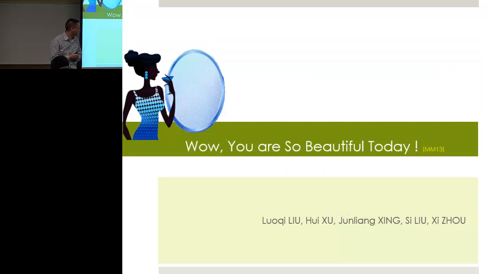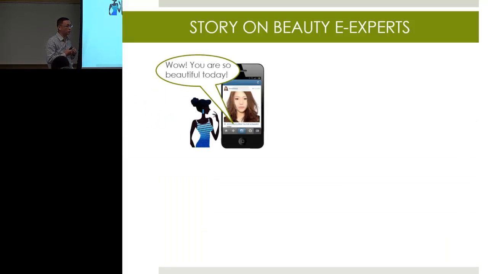Okay. So the second one is a Multimedia 2013 paper. The result just came out two or three days ago in Amsterdam. Fortunately, this paper has been accepted. This system tries to consider another story.